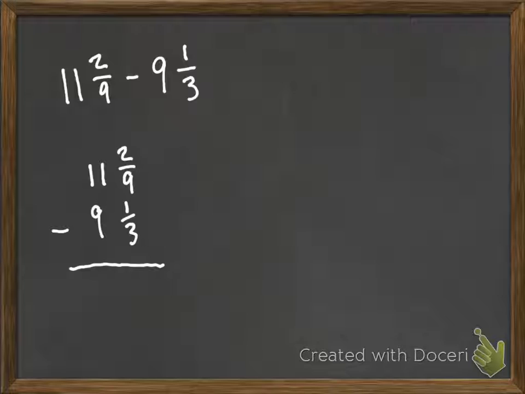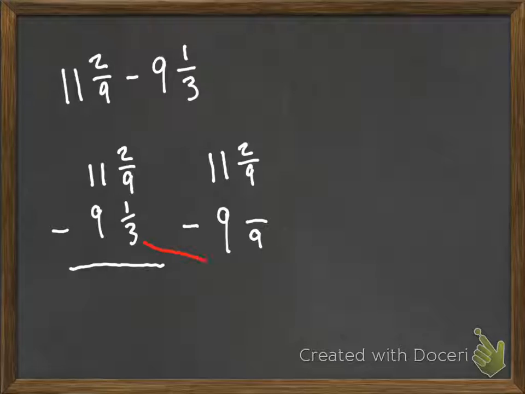Alright, so now that I figured that out, I want to rewrite this as 11 and 2/9 minus 9, and we already said that our least common multiple is 9. In order to do that, let's draw an arrow over here. We'll use a different color so you can see.